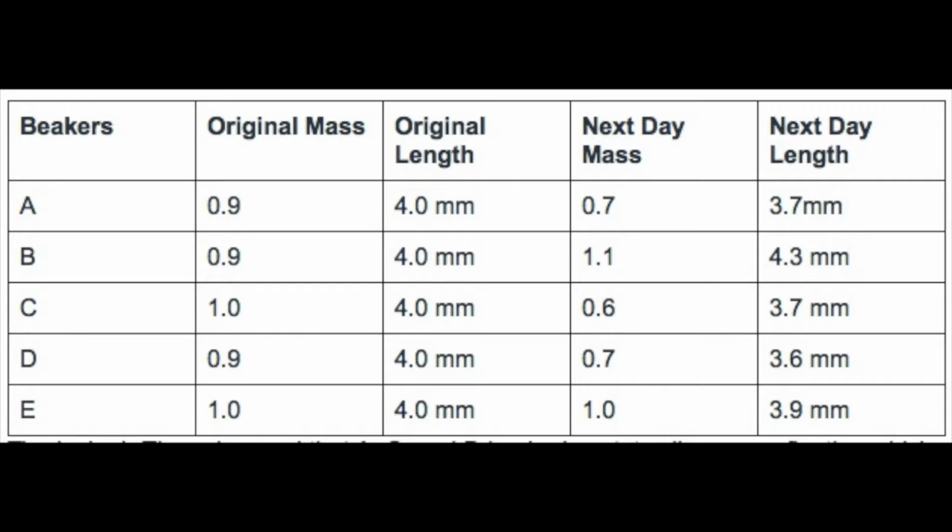The original length was 4 millimeters, and the next day the length was 3.6 millimeters. And finally, in beaker E, the original mass was 1 gram, and the next day the mass was also 1 gram, and the original length was 4 millimeters, and the next day its length was 3.9 millimeters.